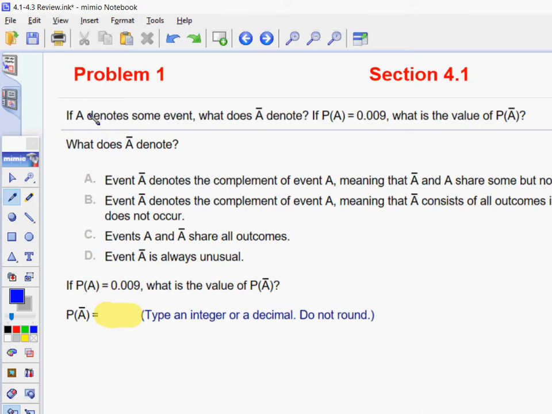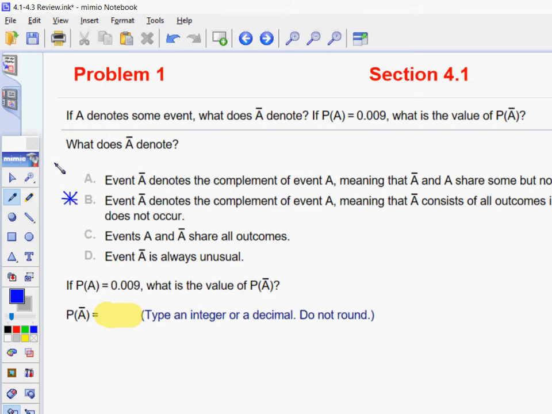Then A not would be me not drawing your name out of the hat. One of the two things has to happen, either A or A not. Event A not denotes the complement of event A, meaning that A not consists of all outcomes in which event A does not occur. That would be B here.